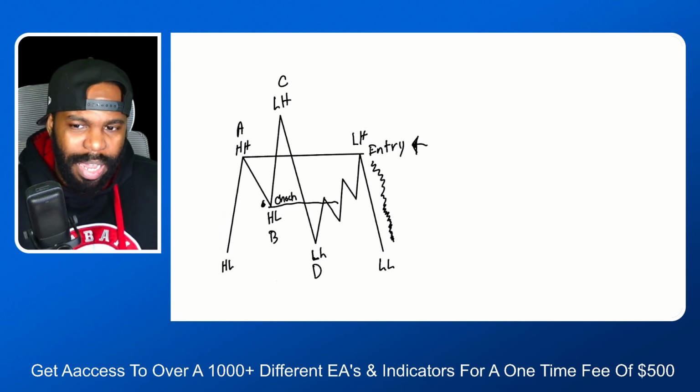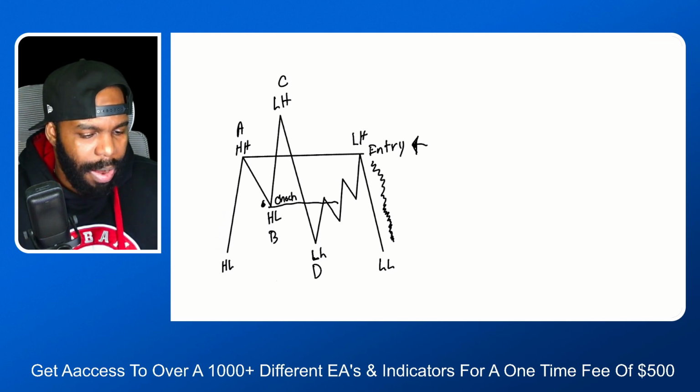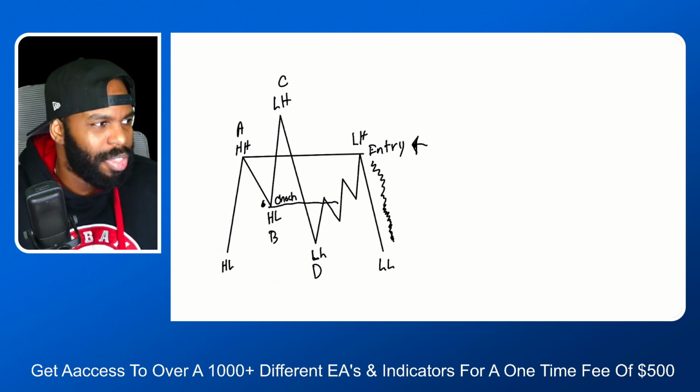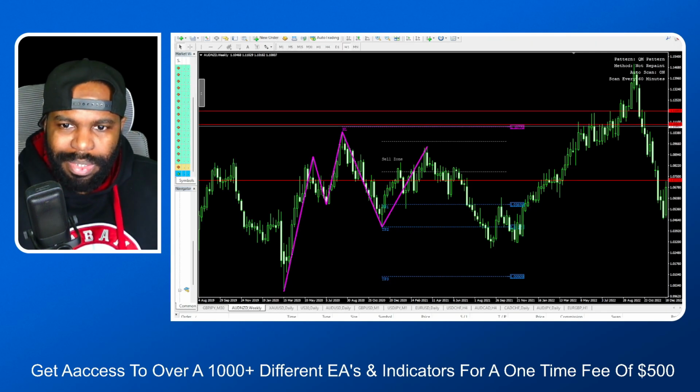This is kind of the same pattern right here. We created a higher low, higher high, higher low, higher high, and then we changed the character, which is point C. I'm just going to walk you through it. I don't want to confuse you guys, but this is point A. This is point B, and this is point C, and this is point D.